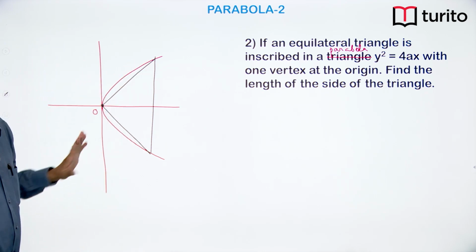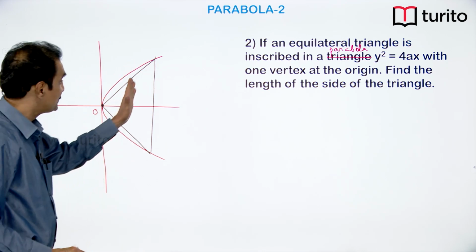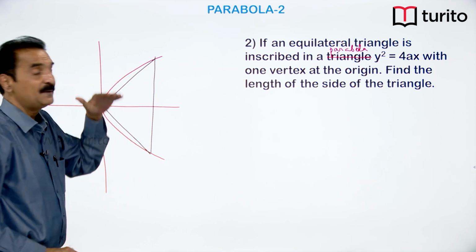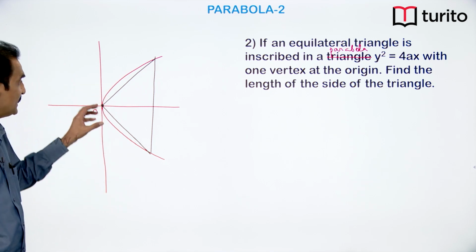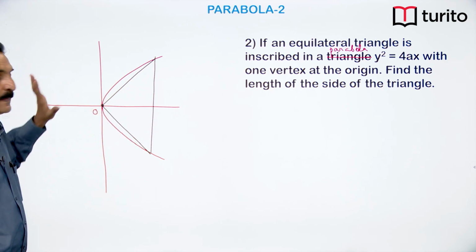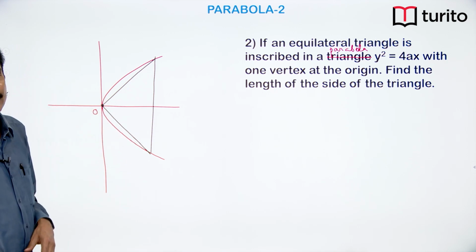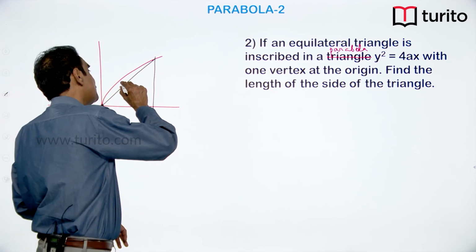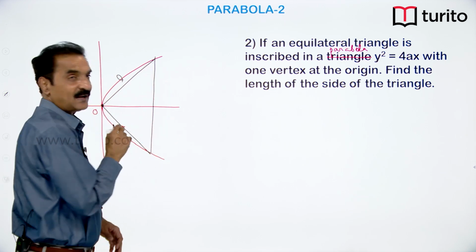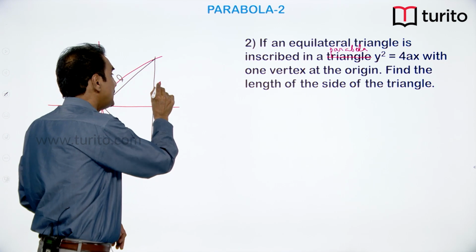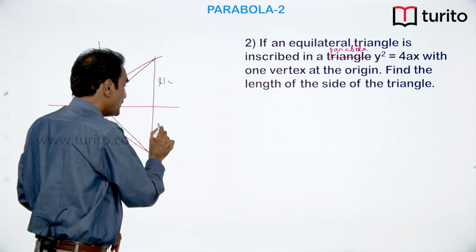The equilateral triangle will be like this. Its one side will be definitely perpendicular to the axis of the parabola. So, let this be the equilateral triangle inscribed in the parabola. Let the length of the side be L. This total length is L. Then this is L by 2. This is L by 2.